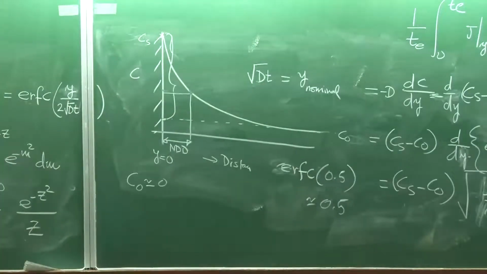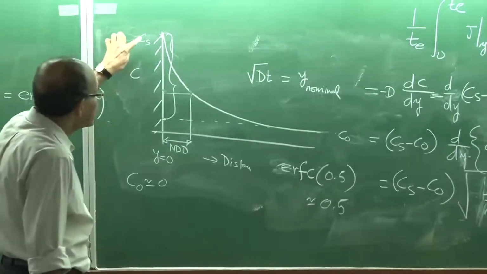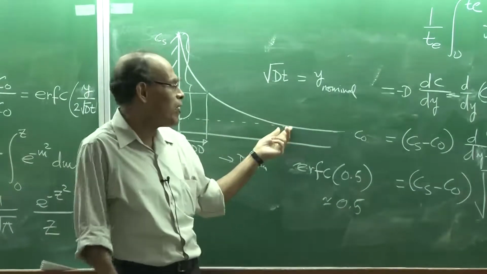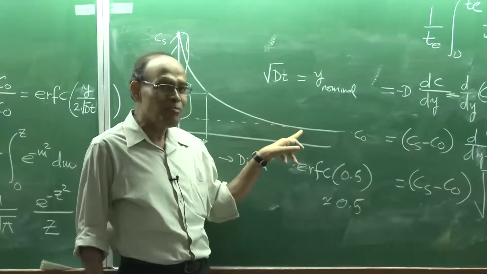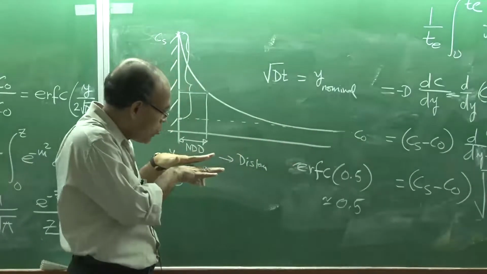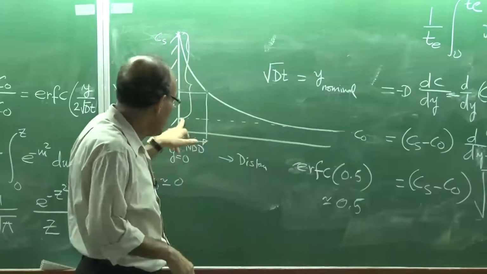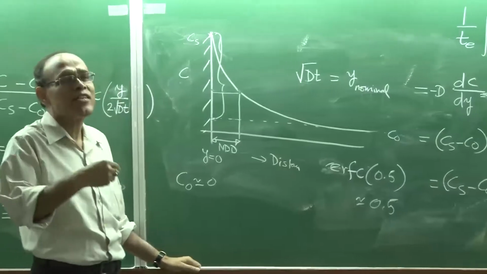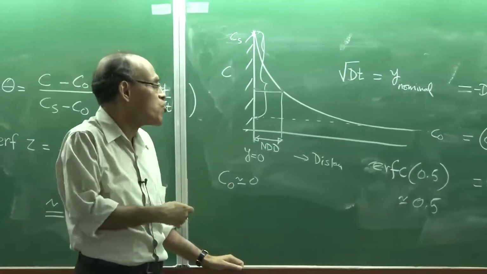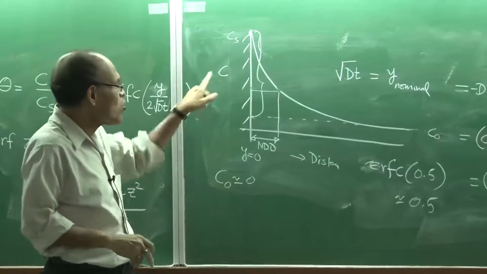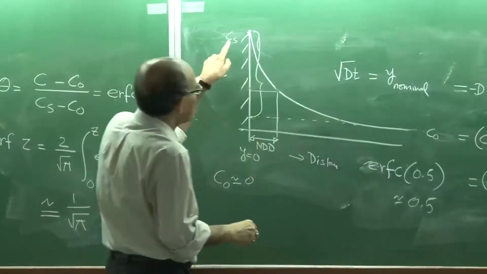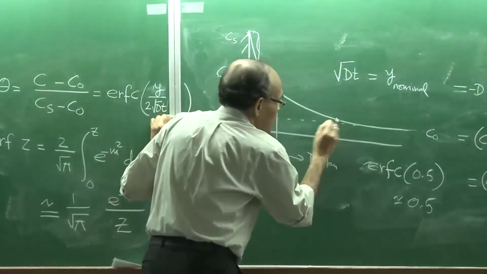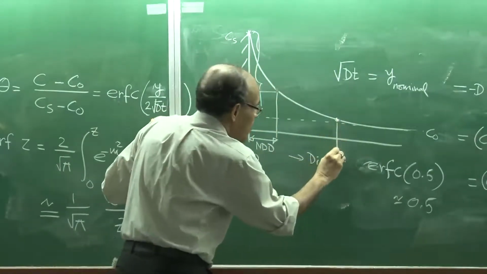On the other hand, because this curve approaches asymptotically, it will be difficult for you to get where it is meeting. It approaches almost asymptotically with this particular horizontal line. So, therefore, most of us assume, or in the textbook it is assumed, that wherever this concentration becomes 10% of the surface concentration, or 0.1 Cs, that distance we call the penetration distance.